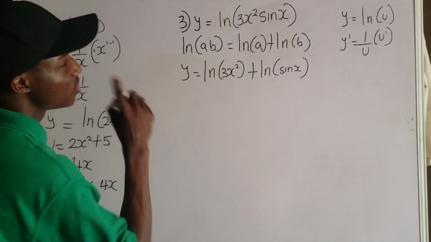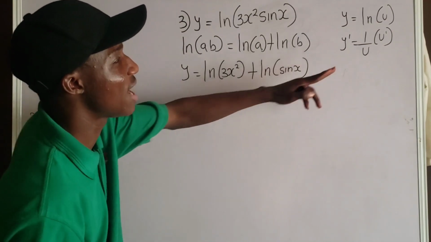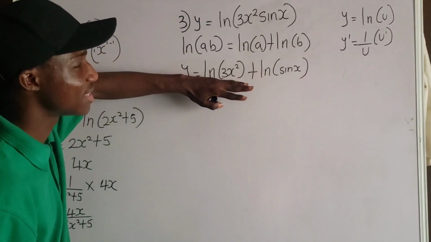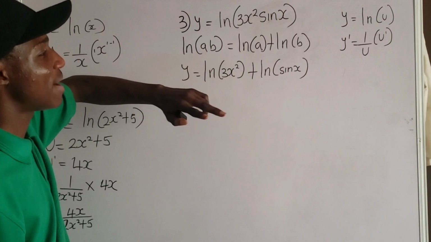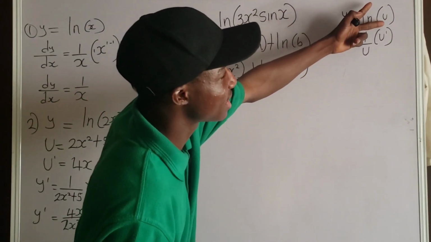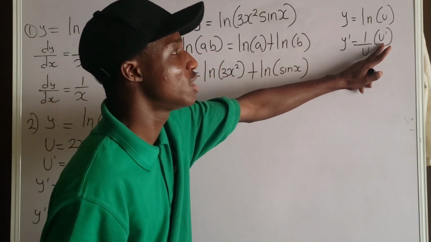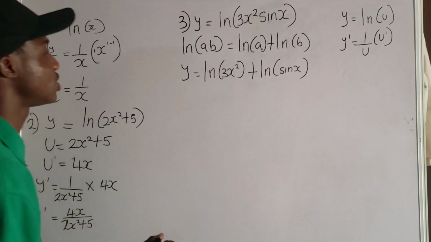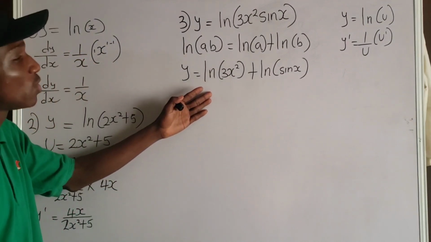Okay, let's proceed. Don't forget that according to this formula, you take the derivative of the parameter in the bracket and multiply it by the inverse of the parameter in the bracket. You can see I have u in the bracket here. I take the derivative of u and multiply by the inverse of u. That's how to do logarithmic differentiation. So I'm going to apply the same rule here.